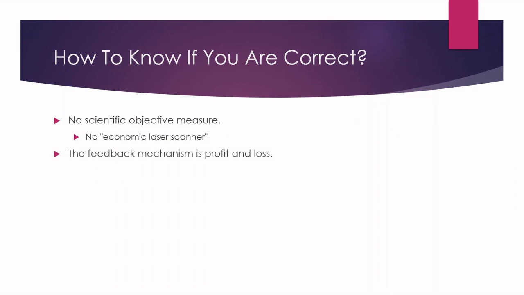The feedback mechanism that we do have is called profit and loss. If you are an entrepreneur and you arrange your company to produce things that lots of people really want, you make lots of money. That's your signal to say, hey, you're on the right path here. Whatever you're doing, keep doing it because people seem to like it, right?